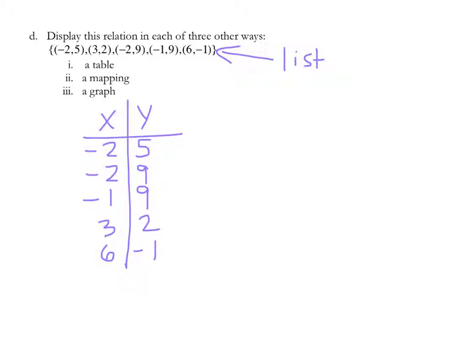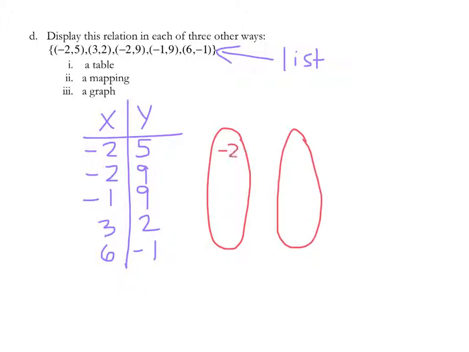All right, how about a mapping? A mapping is where you make 2 ovals. You put your X's, -2, -1, 3, and 6 with no duplicates. Now look at my Y's. I have 5, 2, 9, and -1.